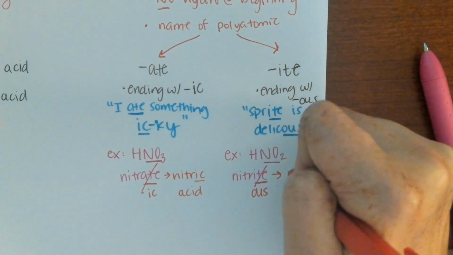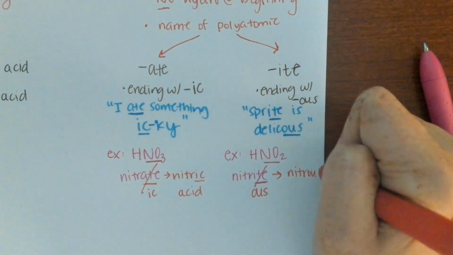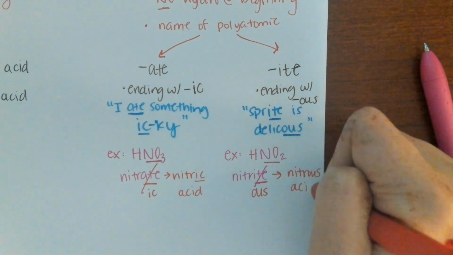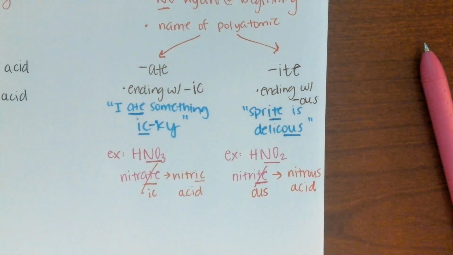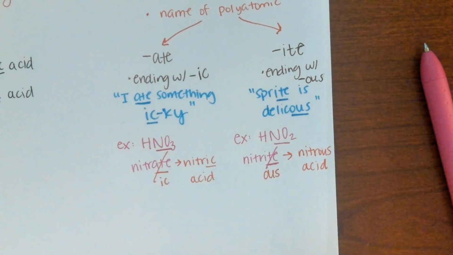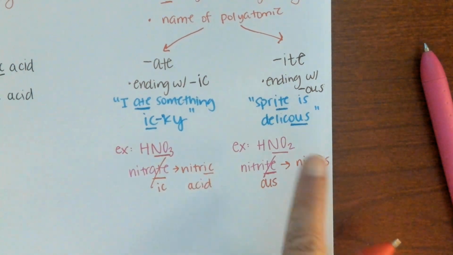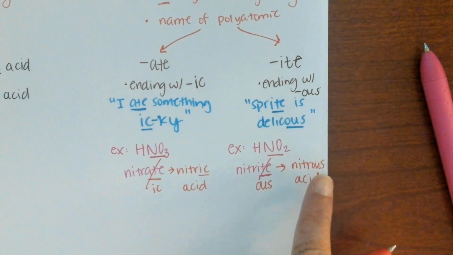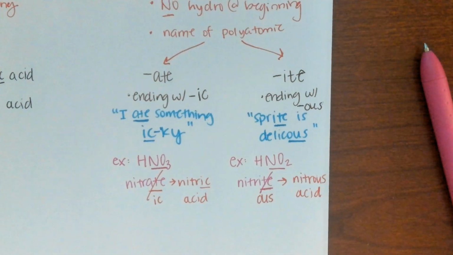So now it'll be nitrous acid. So that is the difference between naming these oxyacids. So ate is the ick, ite is the ous, and there's no hydro in either of these.